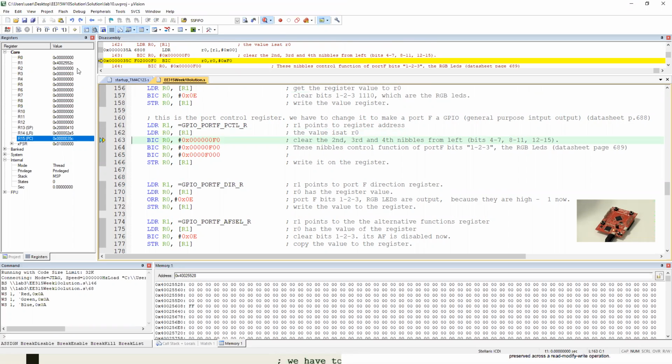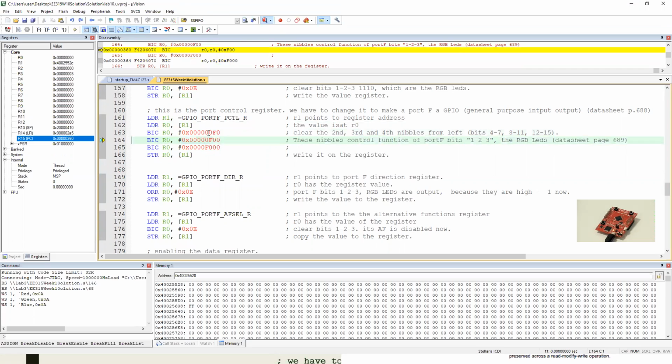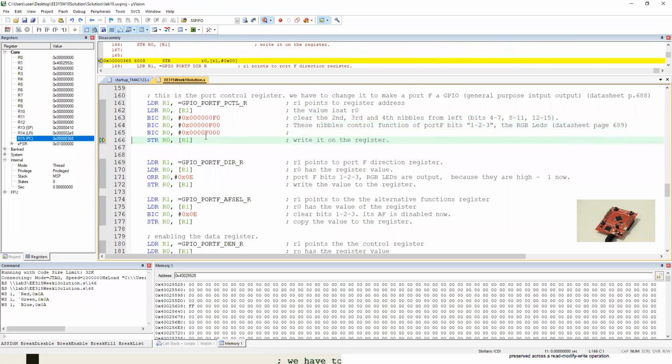And after reset, it was all zeroed out. So I'm going to be making them all zeros again. This is bit clear. So again, this is not changing anything because it says clear these bits and do not touch the others. Remember how bit clear worked. It worked on masks. So I'm clearing these bits. I'm not touching the other bits, but they're already all zeros. So I'm not changing anything again. Nonetheless, I do it.